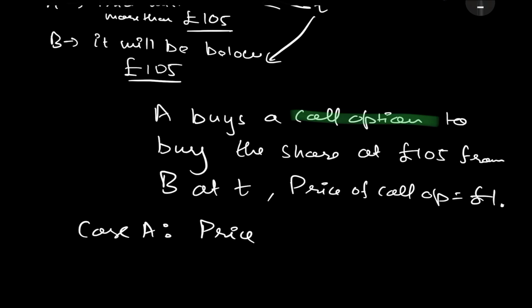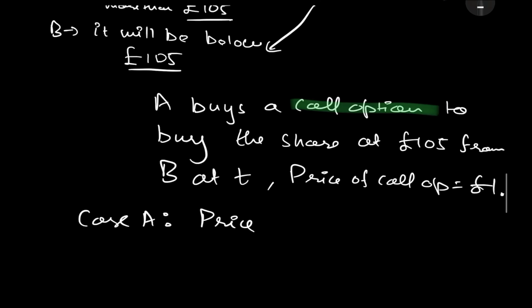Ideally the pricing will be done by us later on, but I'm just assuming that the price is £1 itself. It's just an assumption. We will learn the pricing later, but the idea is that at time 0, to buy the option, A will have to pay B £1, right? So that B gives him or her the option.